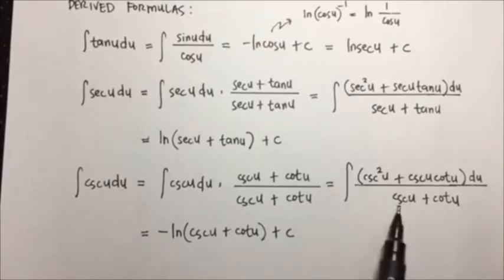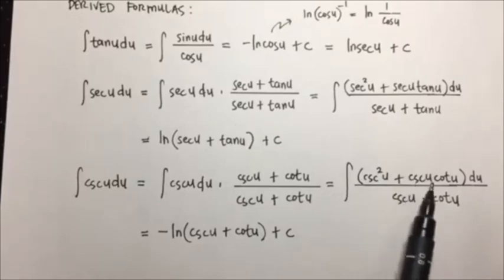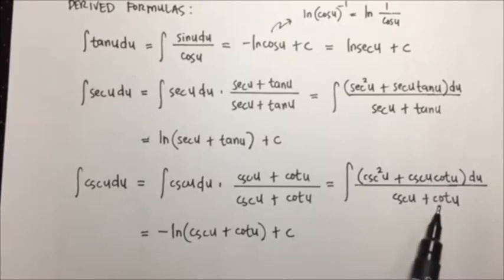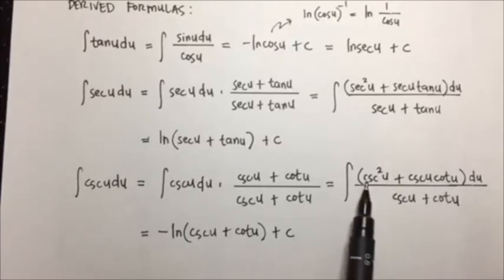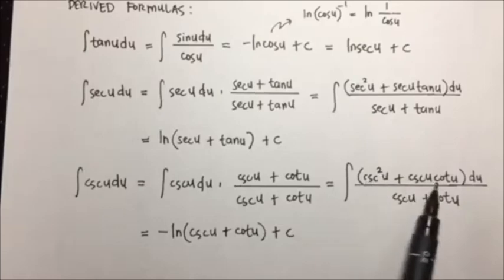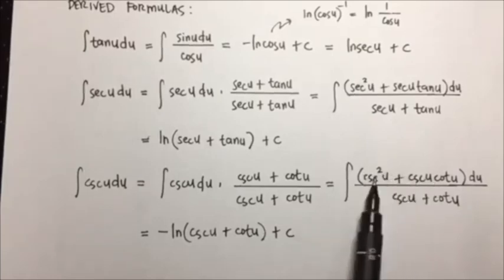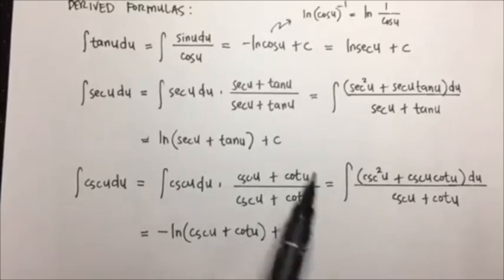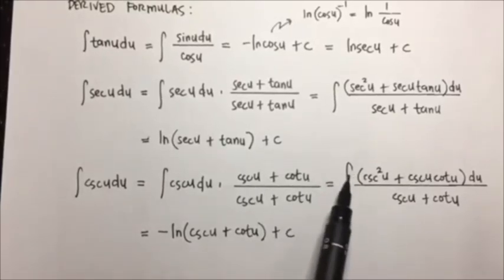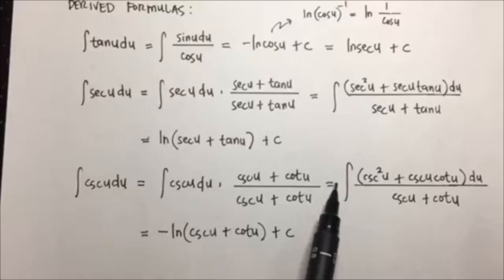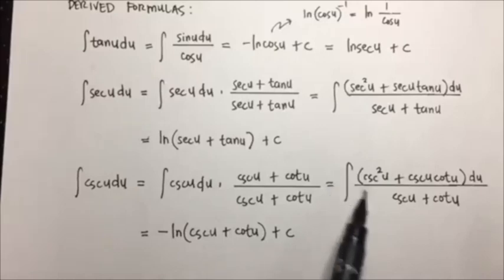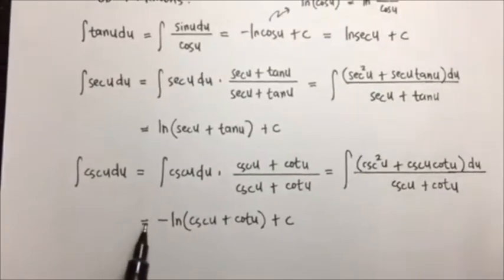The derivative of cosecant of u is negative cosecant u cotangent u, and the derivative of cotangent of u is negative cosecant squared u. As we can see, we have a missing negative for both terms, so we multiply by negative 1 inside and also outside the integral sign. Therefore it becomes negative ln of cosecant of u plus cotangent of u plus c.